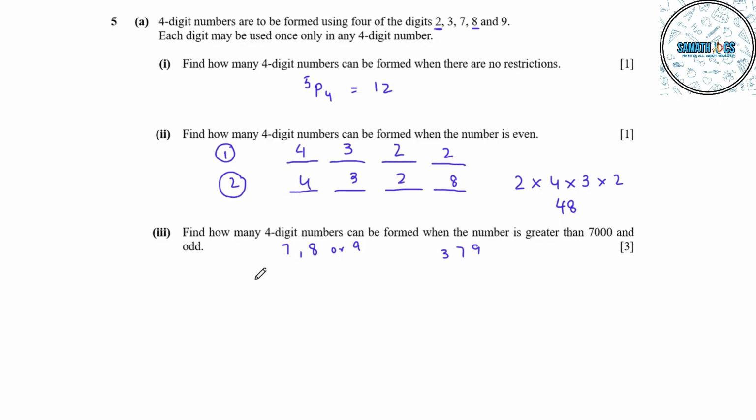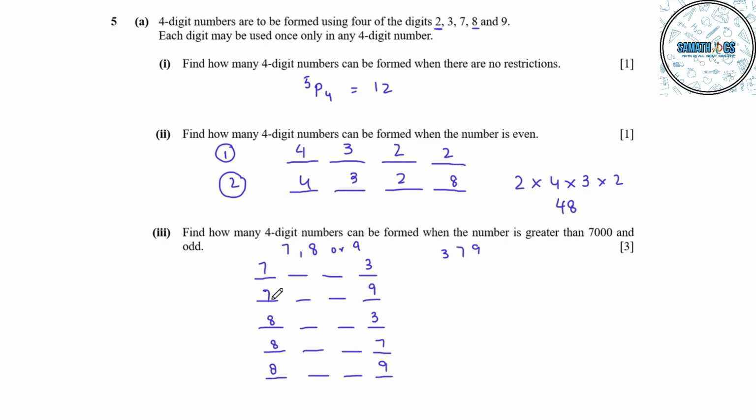Let's see the possibilities. 7 at the first place and 3 at the last place. 7 at first place and 9 at the last place. First place 8, then 3 as the last digit. 8 is the first digit and 7 is the last digit, or 8 is the first digit and 9 is the last digit.